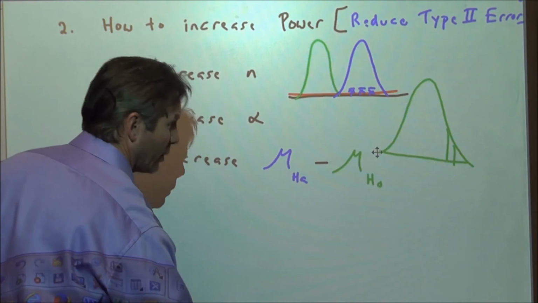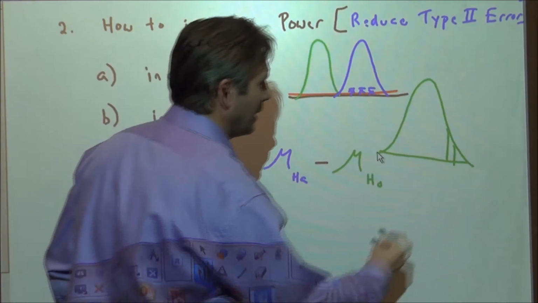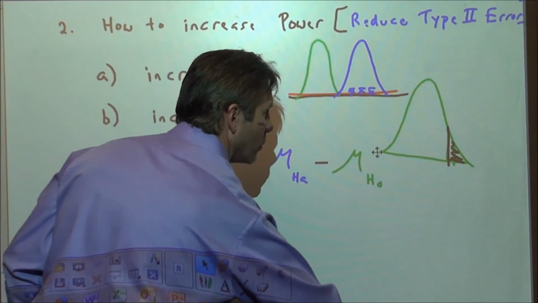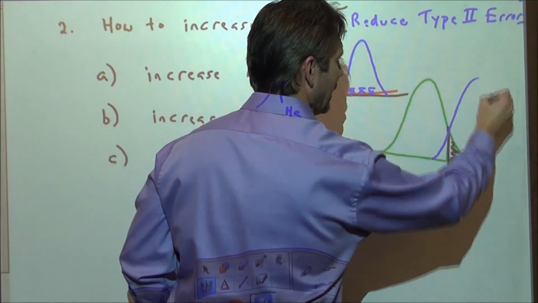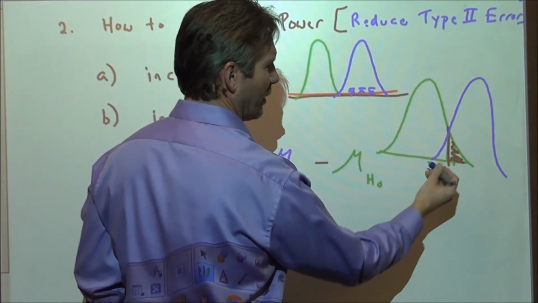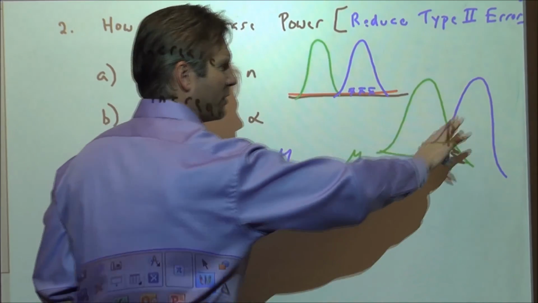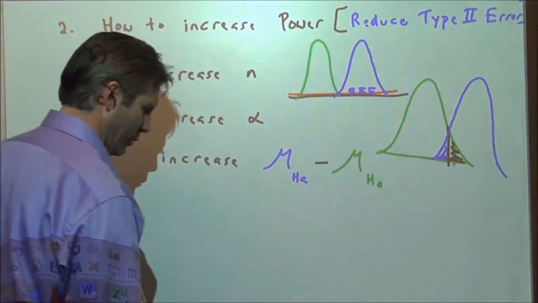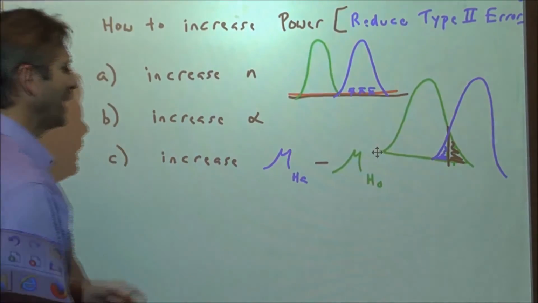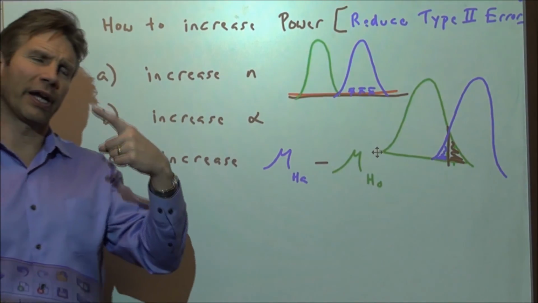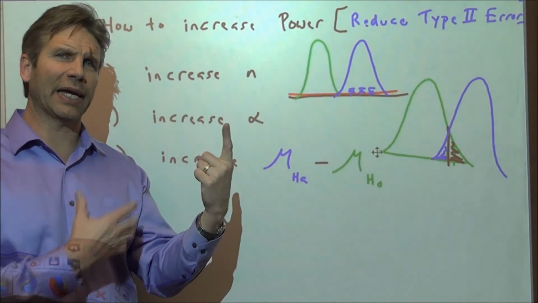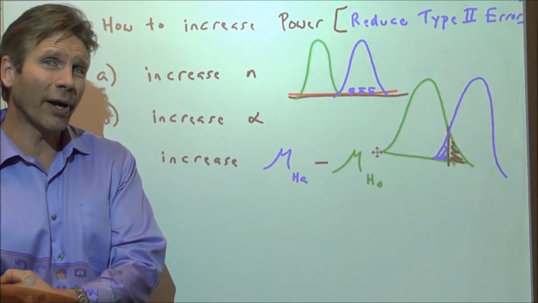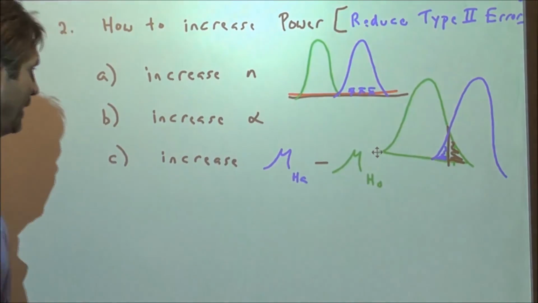We can make sure that our rejection region is back further, and so we eat away at some of the type 2 error that we used to have and give it to the side of the power of the test, and now the type 2 error is reduced down to a smaller amount. So if we increase the alpha level, we're increasing our likelihood of making a type 1 error, which decreases the likelihood of making a type 2 error, which increases the power of the test.